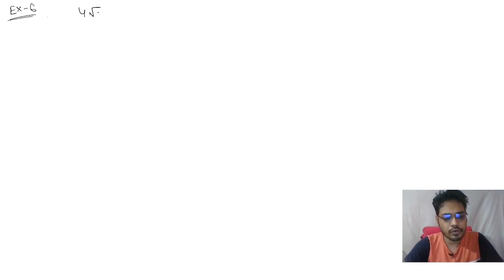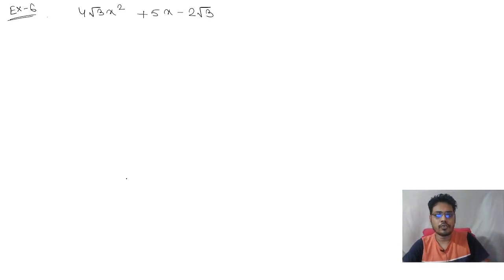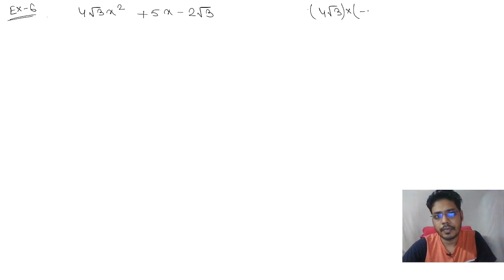If it is given 4 root 3x square plus 5x minus 2 root 3, first we have to multiply 4 root 3 with minus 2 root 3. So here 4 root 3 is multiplied with minus 2 root 3. That will be minus 24.